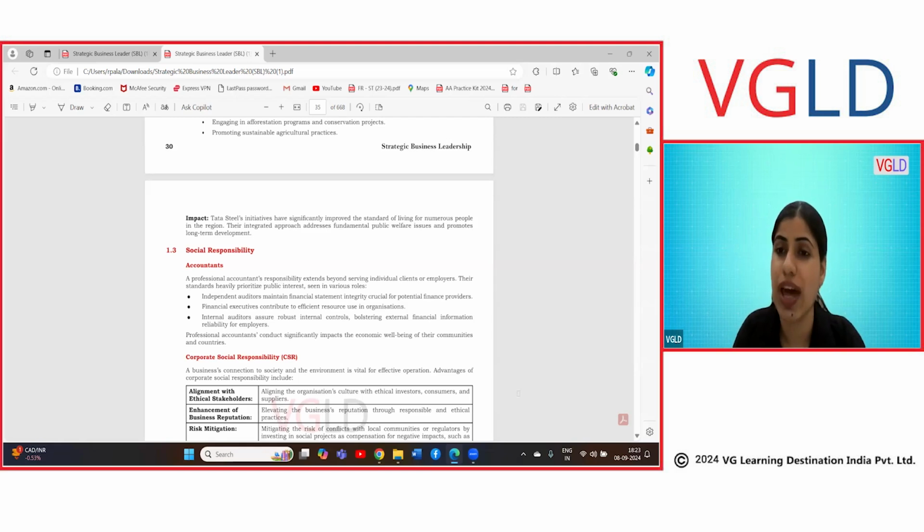That's why we should have a good system in place. That means we should have internal as well as external auditors to check how the company is doing its routine activities. Now, there is a term known as corporate social responsibility.